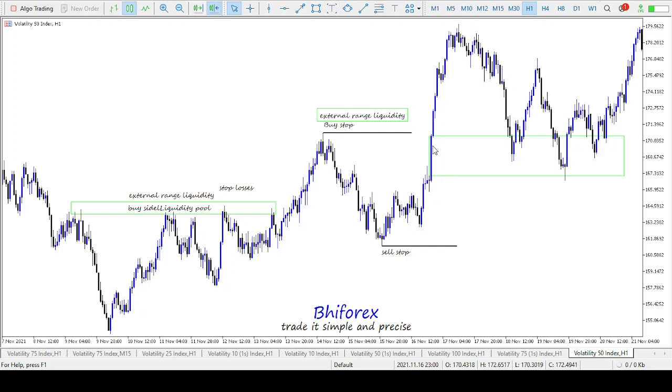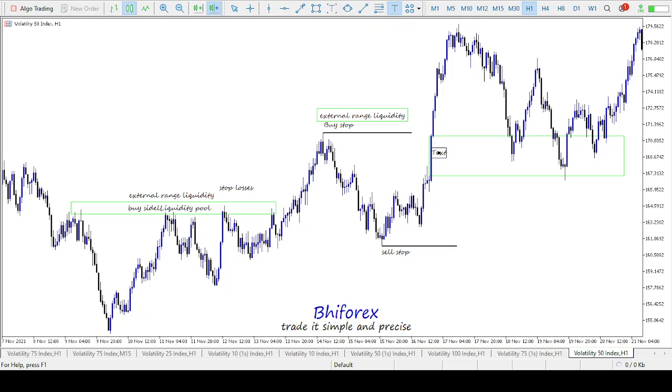So how do you draw your fair value gap? Draw your fair value gap by picking the candle before and the candle after. The candle before the massive candle is this small one, so you take the high. The candle after the massive candle is this one, so you take the low, then you project it forward. Wherever you have that space becomes your fair value gap, and that becomes your what?